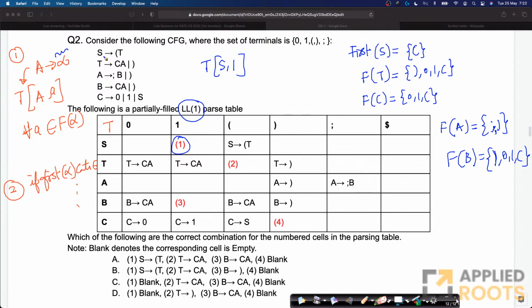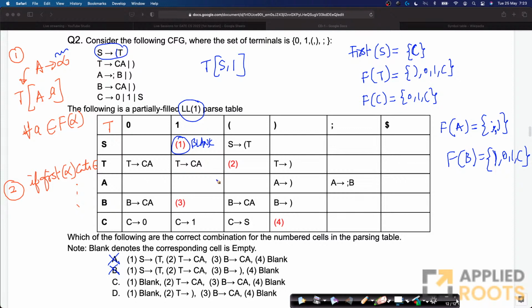If you see first of S, it only contains open parenthesis. There is only one production rule. S generates this. And what is the first of this? The first of this is the open parenthesis. There is no possibility of having 1 here, which means this entry has to be blank. There can be no production rule here. So you can simply eliminate options A and B.